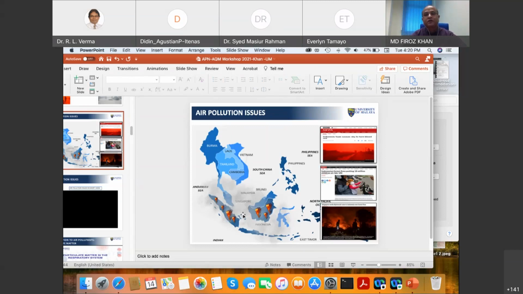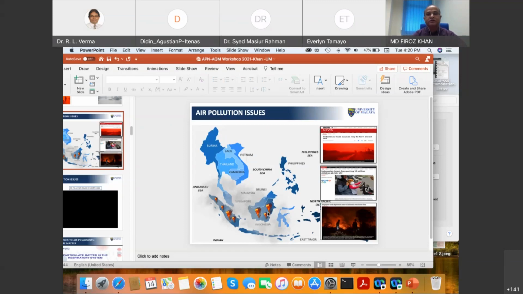And this fire stays for quite a longer time because the fire from the surface or forest eventually goes into the soil. And this scenario causes continuous emission of smoke.